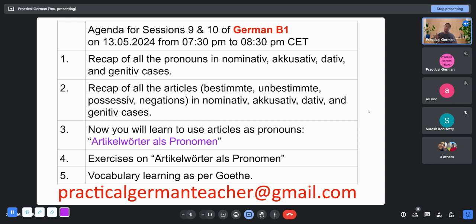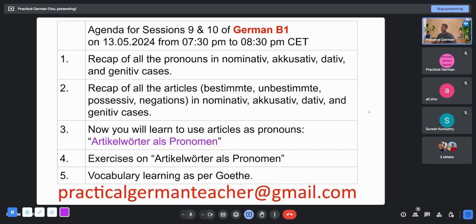Then you have pronouns, right? Er, es, sie, ich, du, right? In nominative case, then in accusative case, you have mich, dich, sie, ihn, es, something like that. Then also in dative case, you have stuff like that, right? So you have articles and you have pronouns. In this session, you are supposed to learn how you can use articles as pronouns.